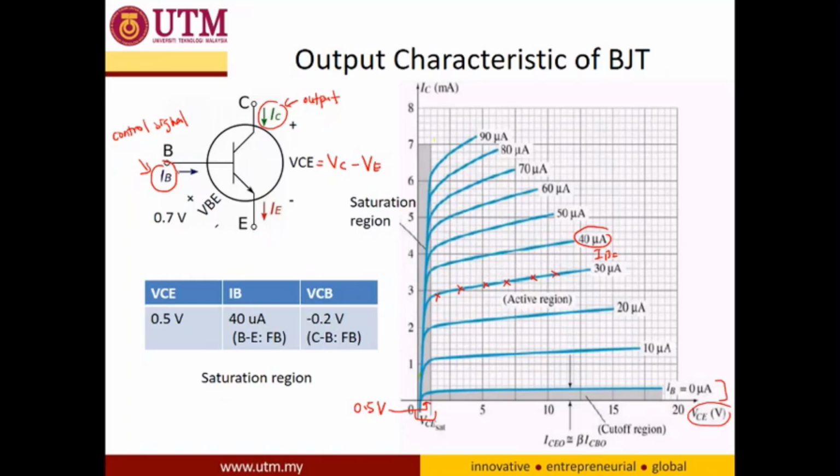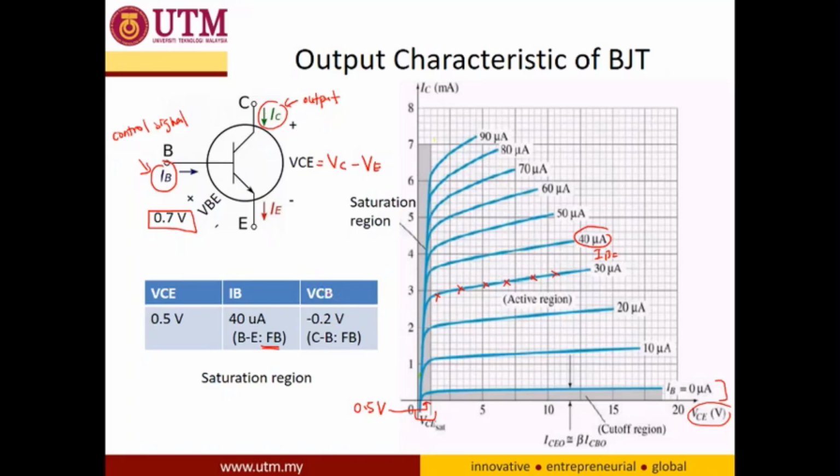If the base current is not zero, it means the base-emitter junction is on. So the base-emitter is forward biased. Since this is a PN junction in forward bias, the voltage should be limited at 0.7.